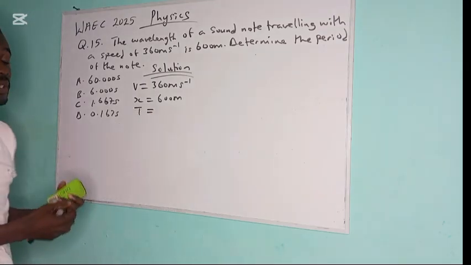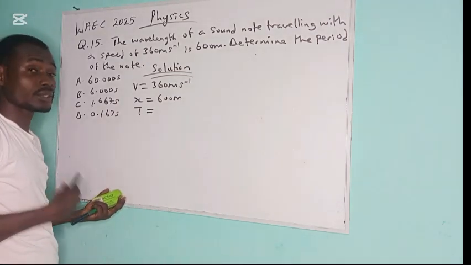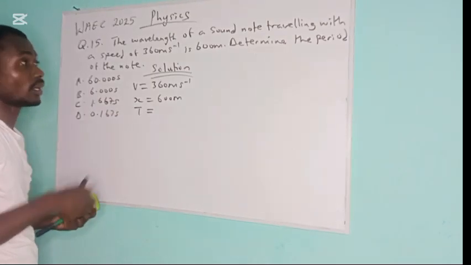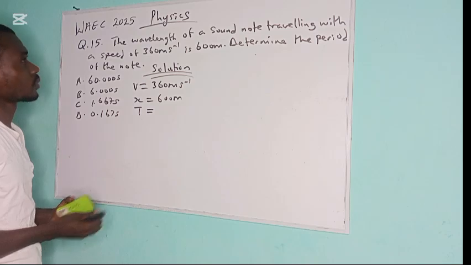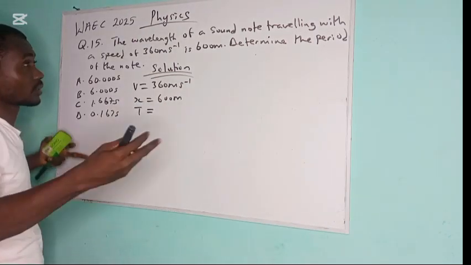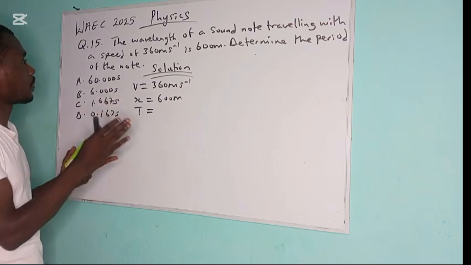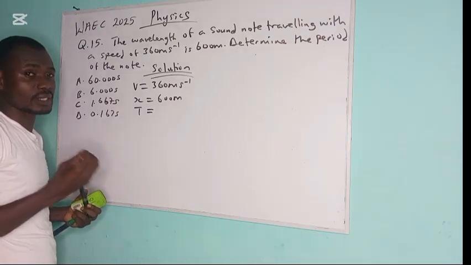Okay, just like maybe you strike a string of a guitar, or you sound a keyboard. So I want to determine this, this is sound notes as it travels. And we are asked to determine the period of the notes, the period it takes, the time.